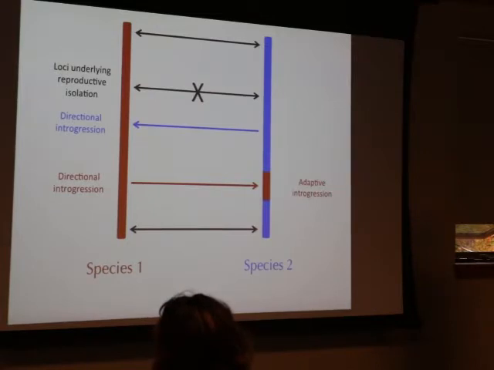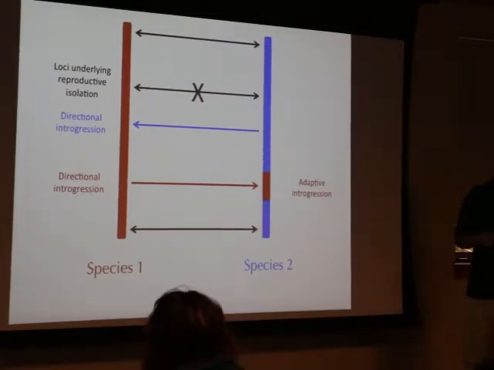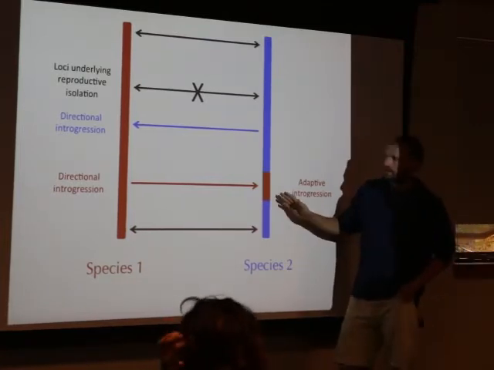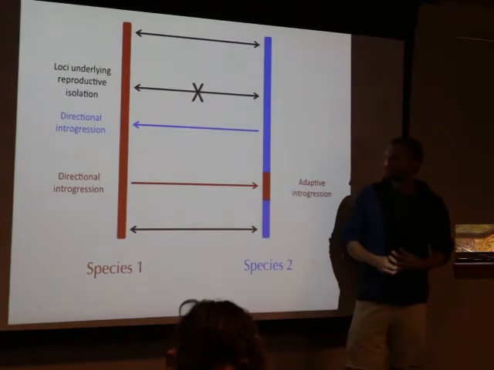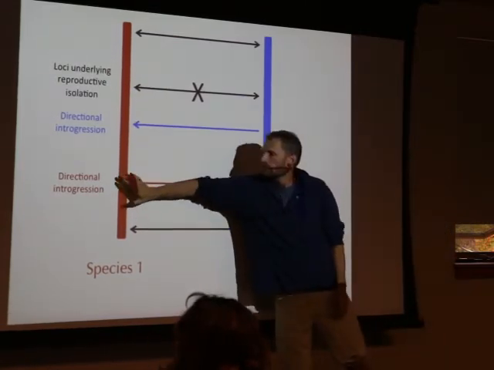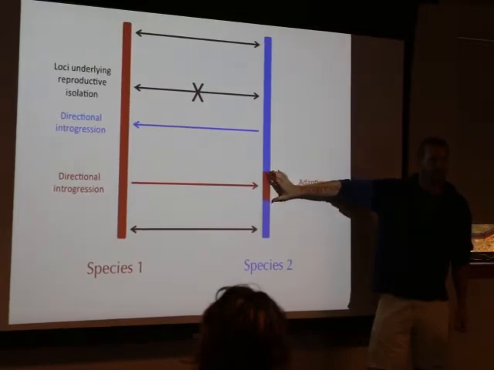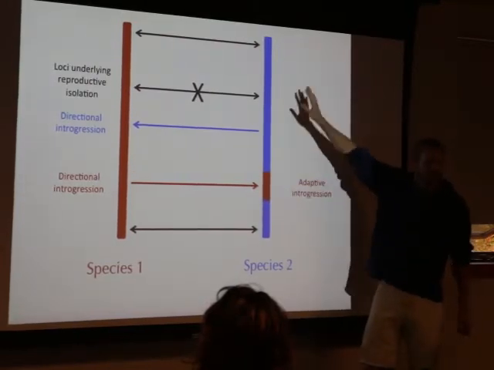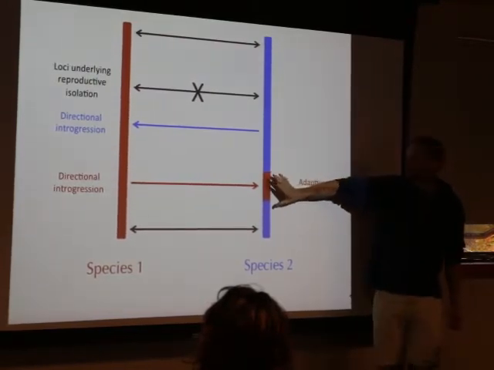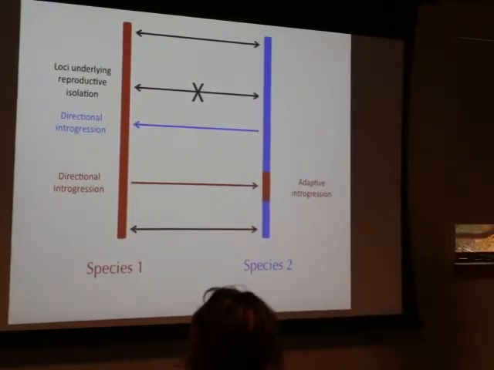And this can lead to things like adaptive introgression. I'll show a couple examples where these are still two distinct species or two distinct groups, but there's some genetic information that has crossed over as a result of hybridization and is now favored by selection in this species. So it may, for instance, sweep across the whole range of this species because it's favored by selection, even though its origin is hybridization.